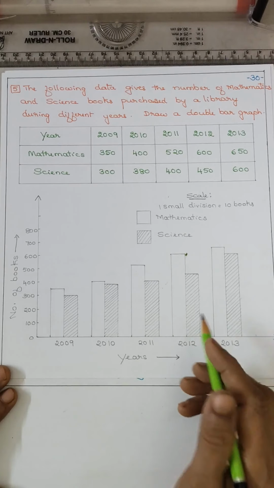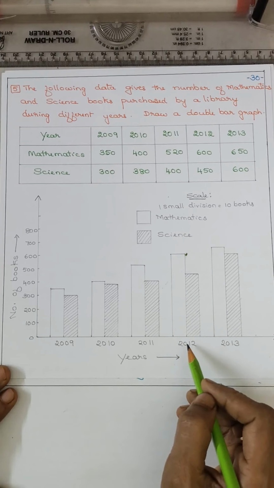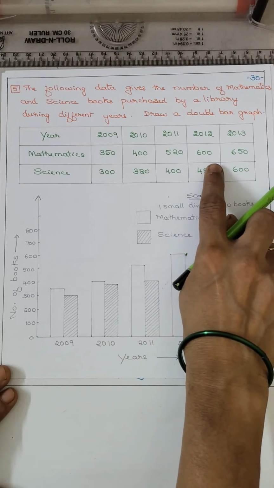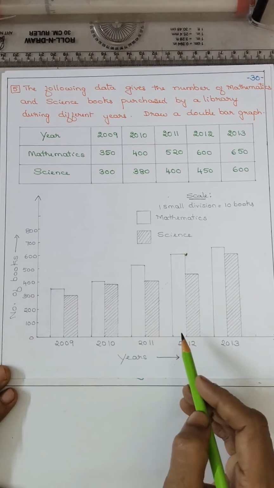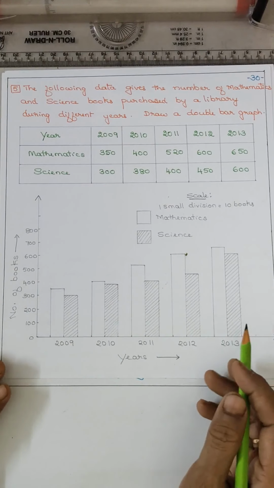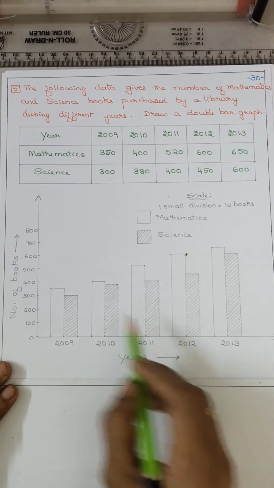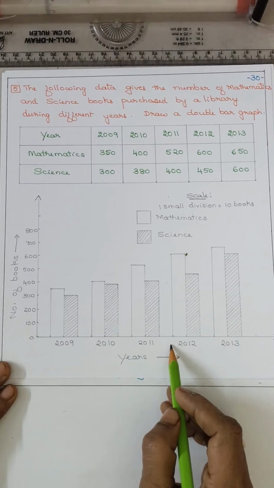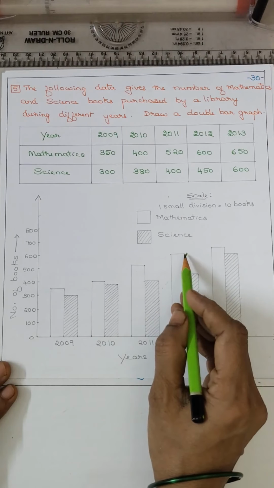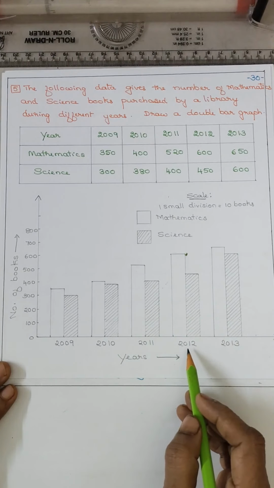Now leave 1 centimeter gap, and now for 2012, that is up to 600. So in the graph paper you can see it clearly. So 600, the line up to there, vertical line, horizontal line 1 centimeter, then vertical line, that is of maths.